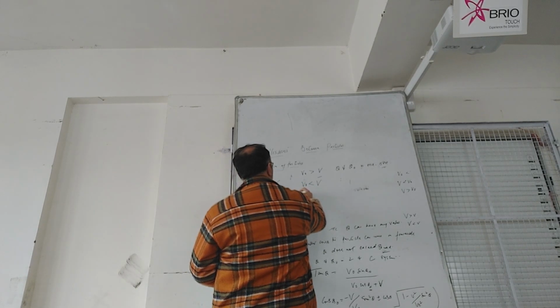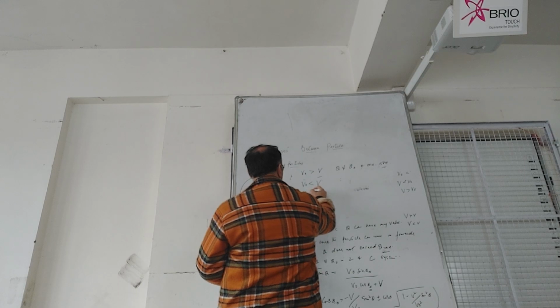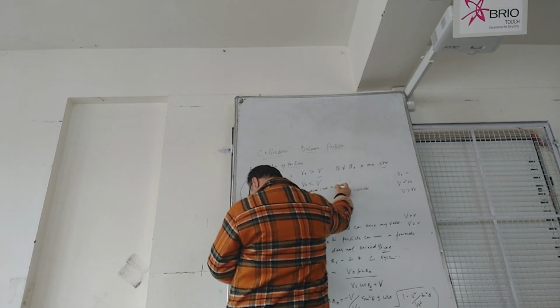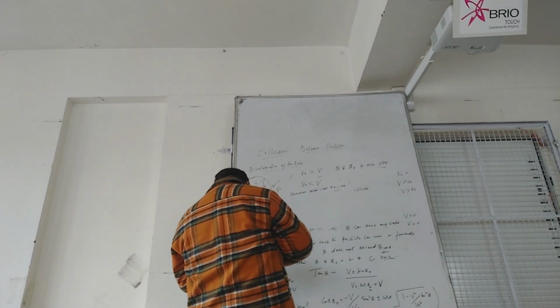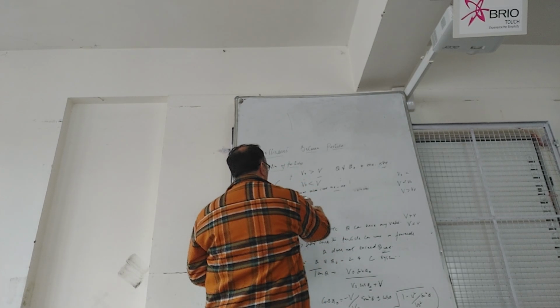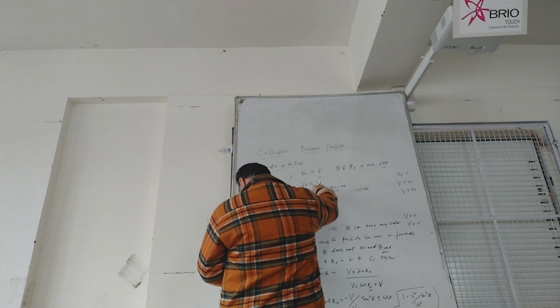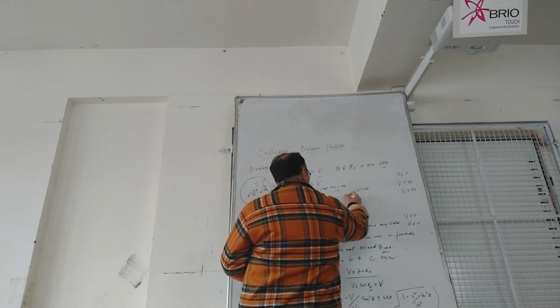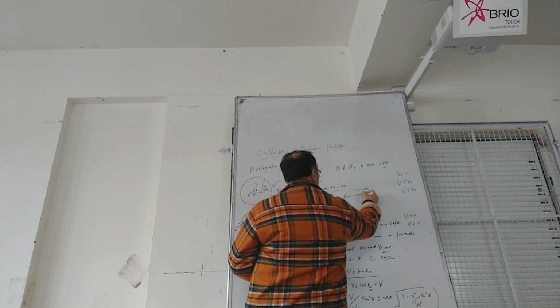However, the relation is not 1:1. For V less than V naught, the relation is not 1:1. For each value of theta, we have two values of theta naught.